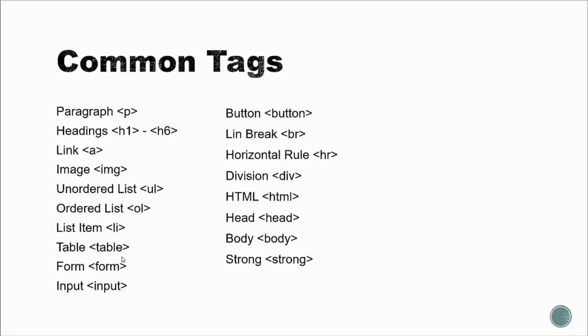We have table, form, input, button, line break, horizontal rule, which will put a line across the page or across the element. Division or div tags, which are used to separate your markup, and you can add classes and IDs, which we'll get into later. And then, of course, our structure tags like HTML, head, body, and then the strong tag is used to increase the font weight of the text.